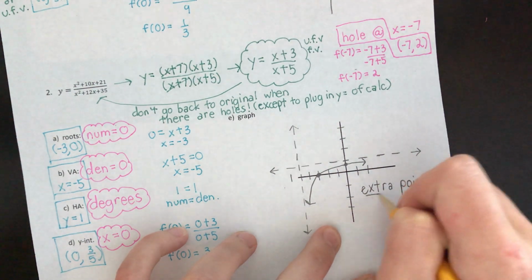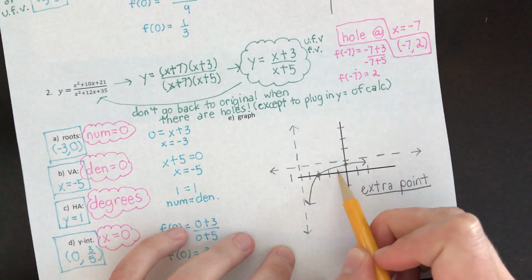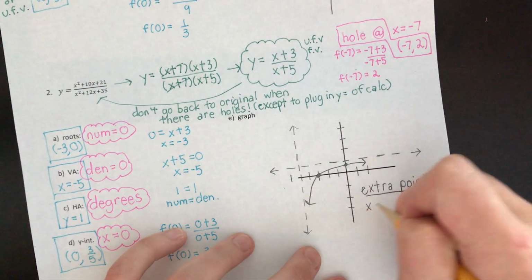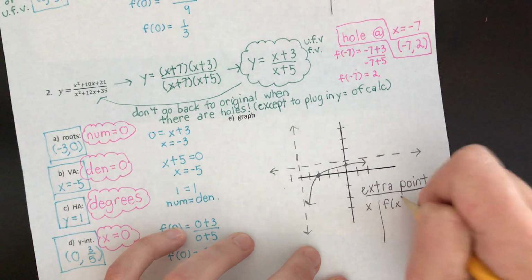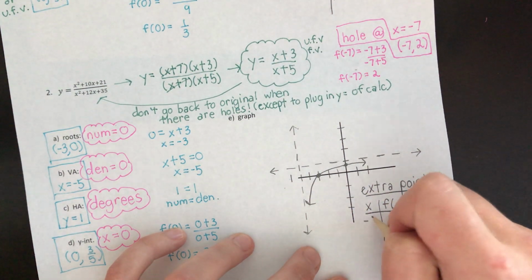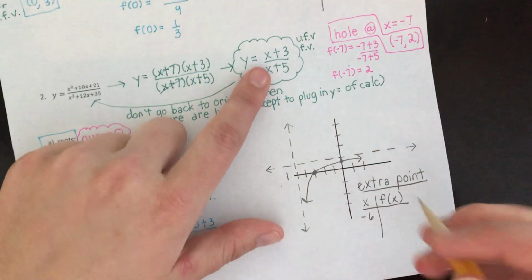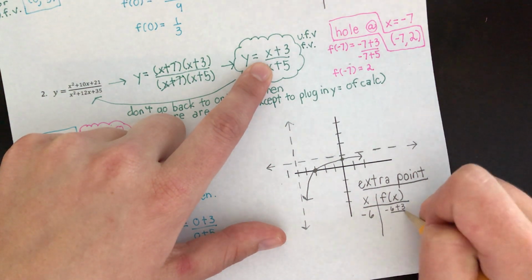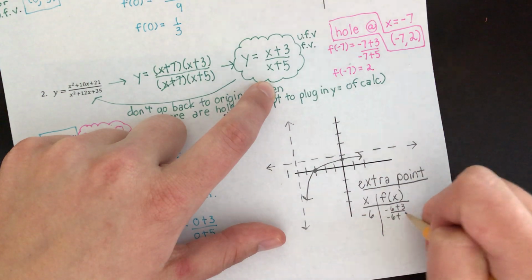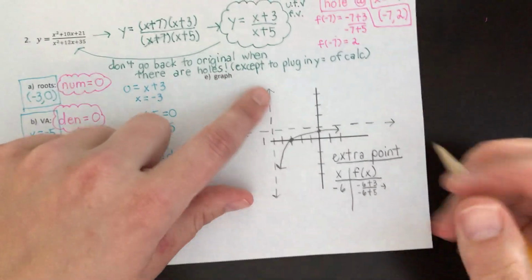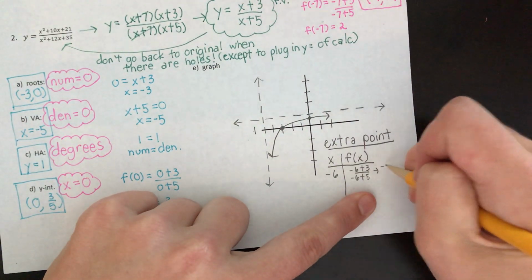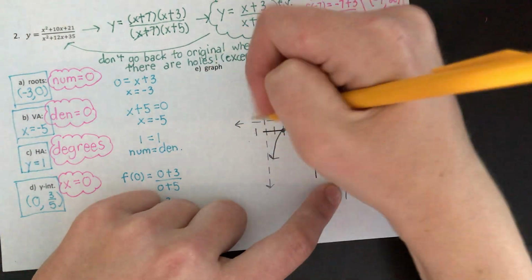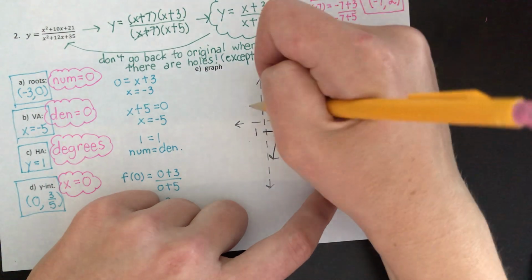So remember, I want the x value of -1, -2, -3, -4, -5, -6. So x, f of x, or y. So I want -6. So if I plug in -6, so -6 plus 3 over -6 plus 5, that gives me -3 over -1, so 3.